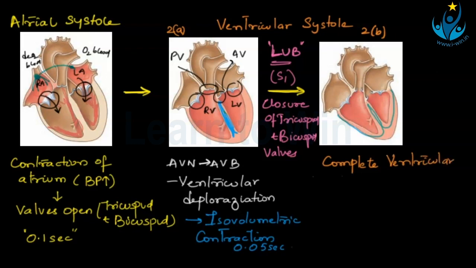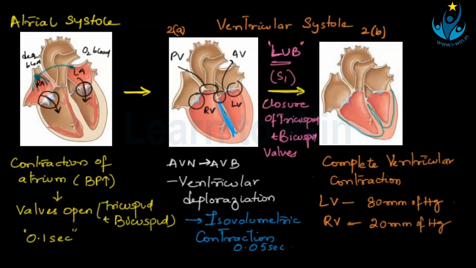Now once ventricles start to contract, they will develop pressure. The left ventricle will have a pressure of more than 80 mm of Hg. The right ventricle will develop a pressure of somewhere around 20 mm of Hg.